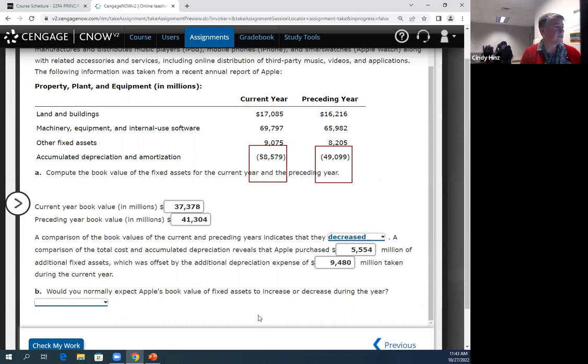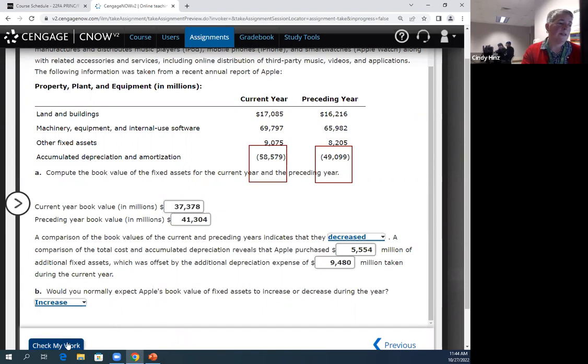But a company that's just going along, a company that is maybe not a brand new and expanding company, you would expect them to decrease as they report more depreciation than they replace if they're not investing in new assets. So because Apple is a growing company, you would expect them to increase, even though we saw that they did not increase this year.